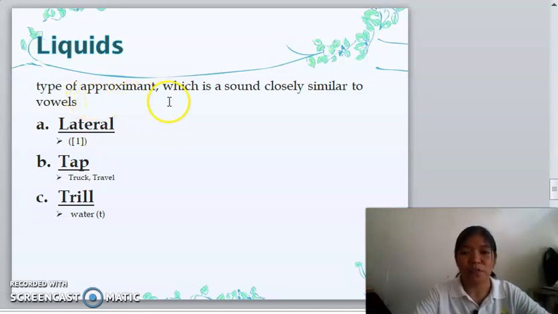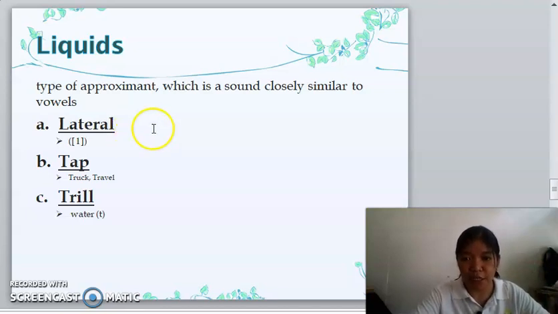So liquids are types of approximants which is a sound closely similar to vowel. Different yung semi-vowel later on, because the semi-vowel is sometimes very closely sounded like vowels that they are interchanged with vowel sounds. It's only closely similar to vowels.